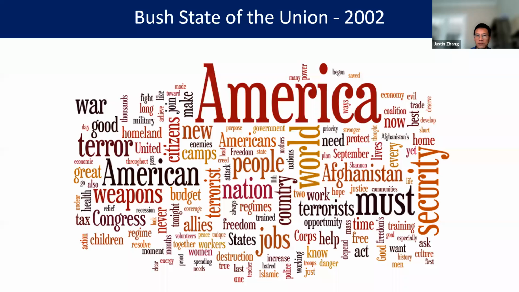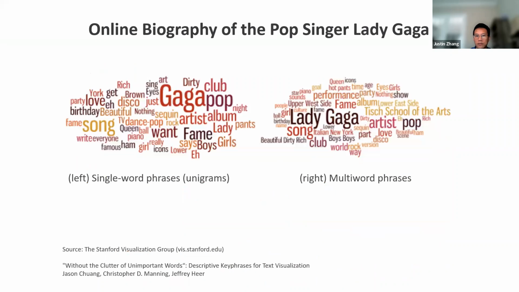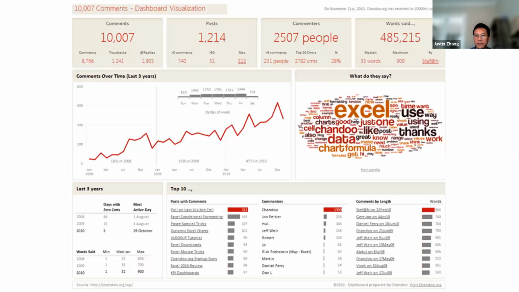Here are two examples, from Bush and Obama, for comparison purposes. And here's one more from Lady Gaga. On the left-hand side are single-word phrases. On the right-hand side, they're multi-word phrases. So make sure you choose the good type of word cloud, depending on your actual situation and the way you want to deliver the message.